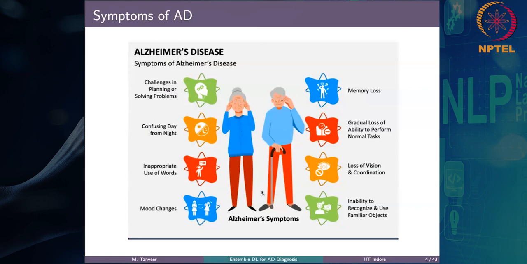The first is challenges in planning or solving problems. Another is confusing day from night, inappropriate use of words, mood changes, memory loss, gradual loss of ability to perform normal tasks, loss of vision and coordination, and inability to recognize and use familiar objects.